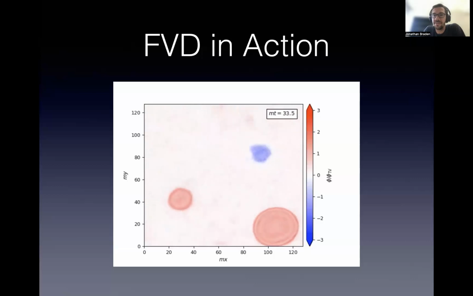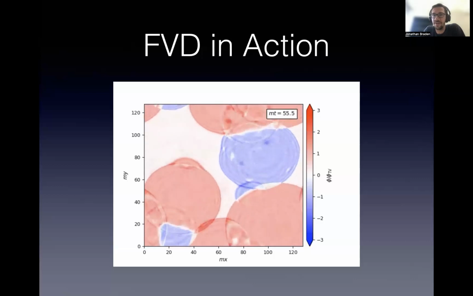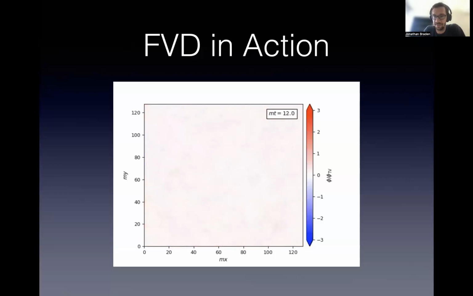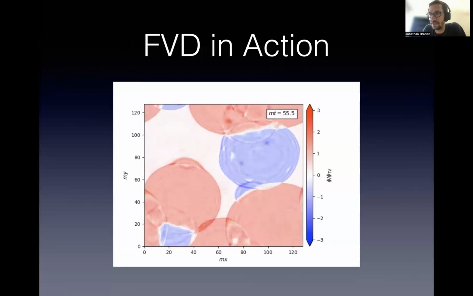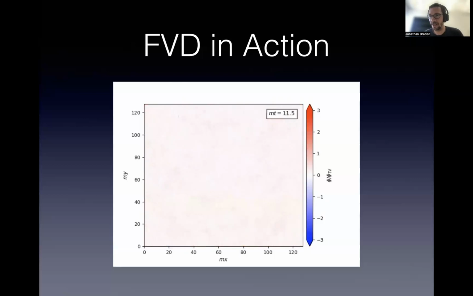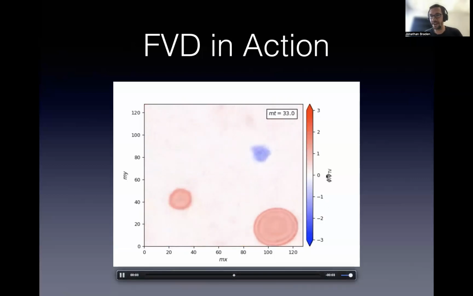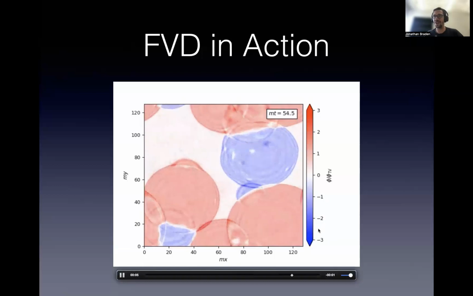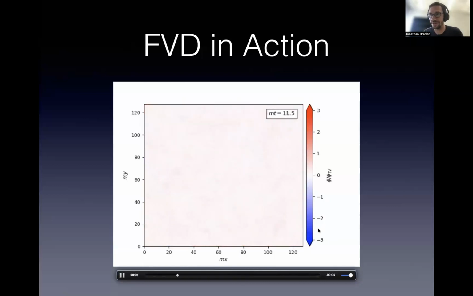So I start with these vacuum fluctuations and I hit go, and you can see the system forming bubbles that then expand out and eventually coalesce and collide with each other, okay? So this is what I mean by vacuum decay. And as you can see, again, we're getting huge order 1 changes to the field. So this is a really, really nonlinear phenomenon that's happening.